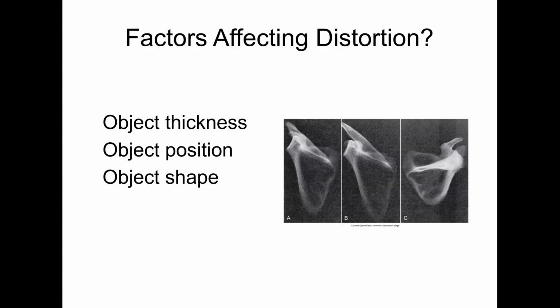And what that means to us is how thick is the patient, where in the body does the object that we're trying to see reside, and is the patient rotated to give that object a different shape. So if the object plane and the image plane are not parallel, you get distortion.